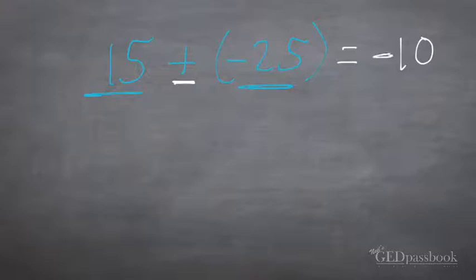Negative, which is why it becomes a negative 10. These tricks, these rules, memorize those rules by the way, is what helps us when we are left with no calculator and are given large numbers.